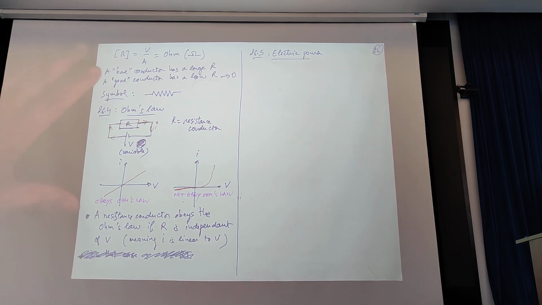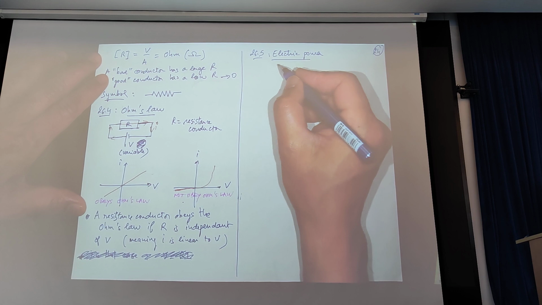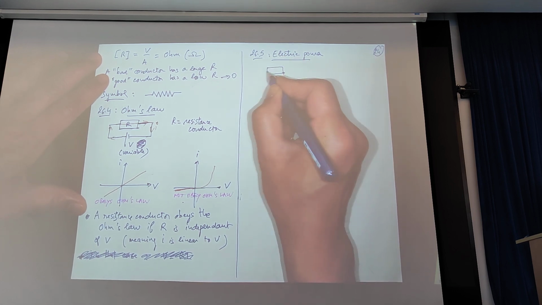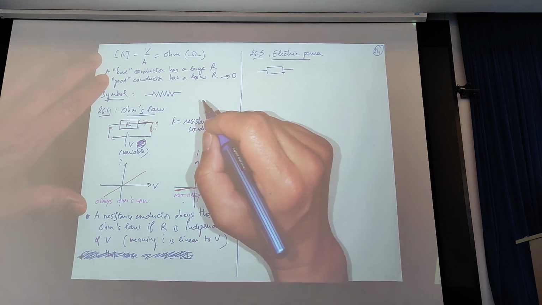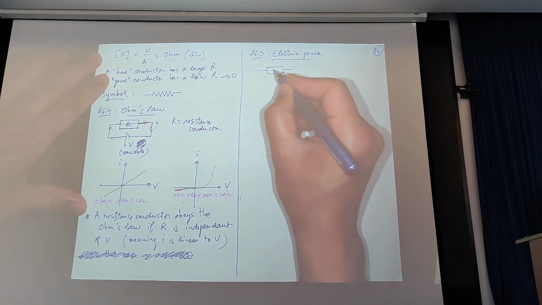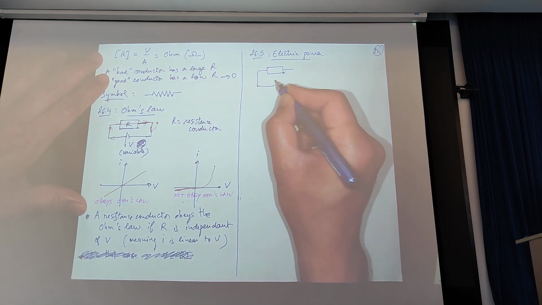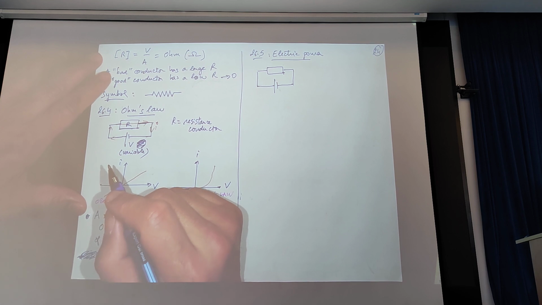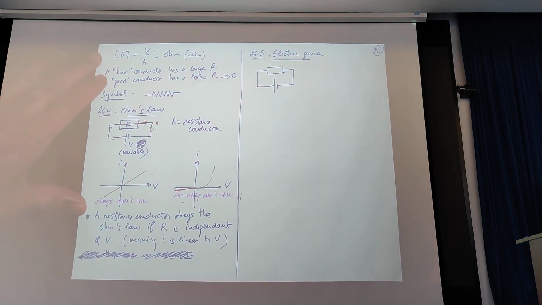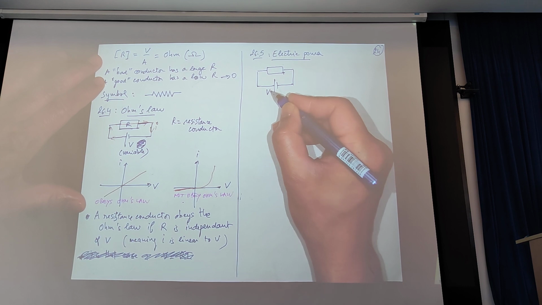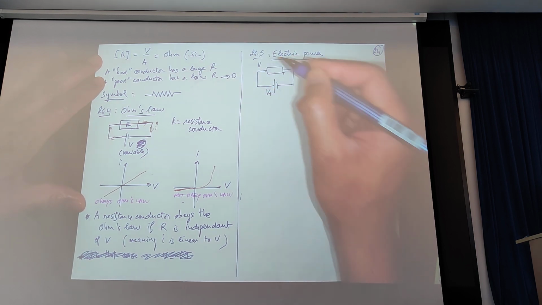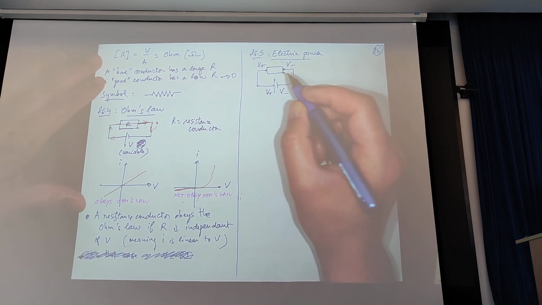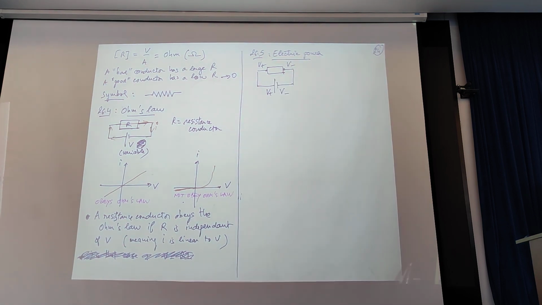Okay, so imagine this. Let's consider again a battery connected to, let's say, any device. So, at the equilibrium, the battery maintains again the potential here, V plus, and the potential V1. Okay?